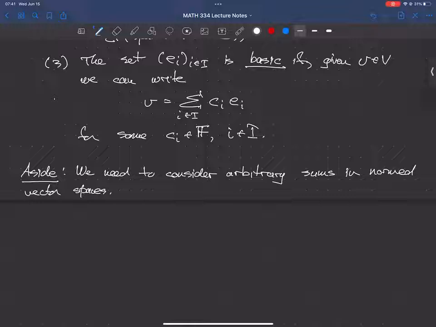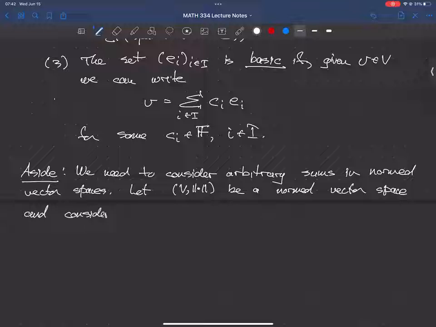Okay, so let V be a normed vector space, and consider a countable sum to start with, just to get the ball rolling.